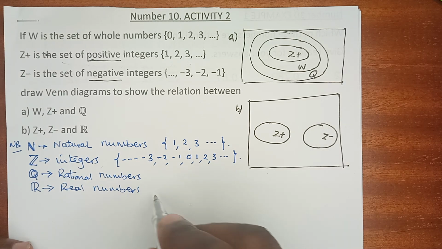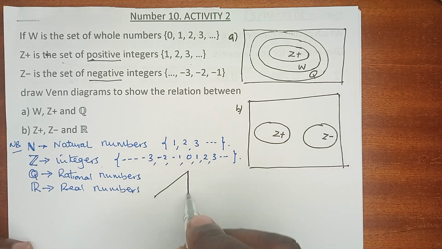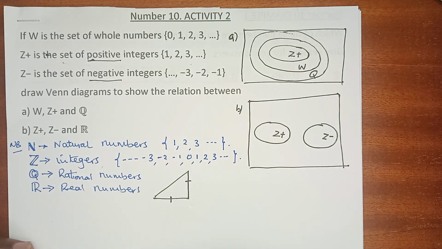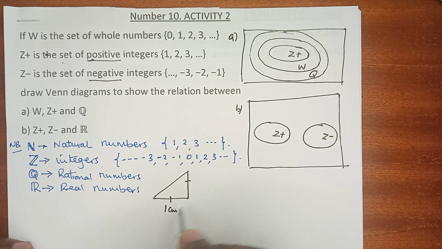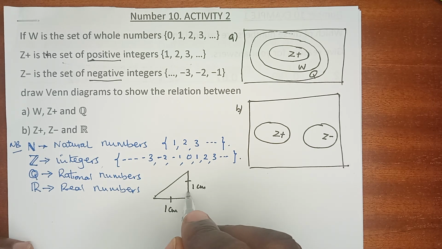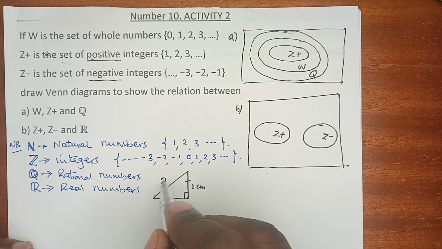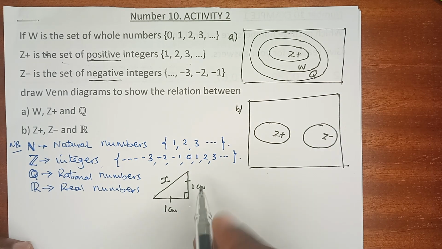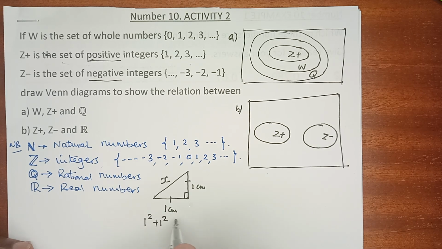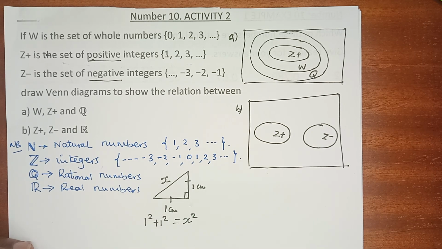For example, if we have an isosceles right angle triangle, and this side equals that side, and this is 1 centimeter, and this is 1 centimeter, and this is 90 degrees, you will agree with me that 1 squared plus 1 squared is equal to x squared. 1 squared is 1, 1 squared is 1.